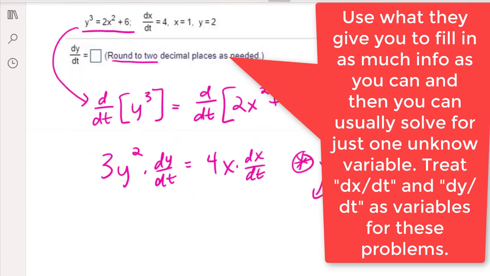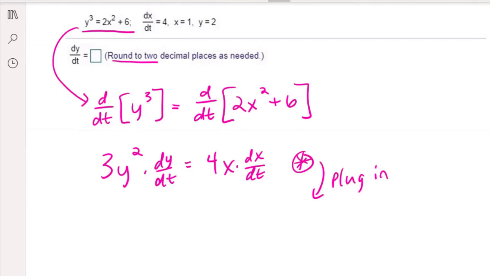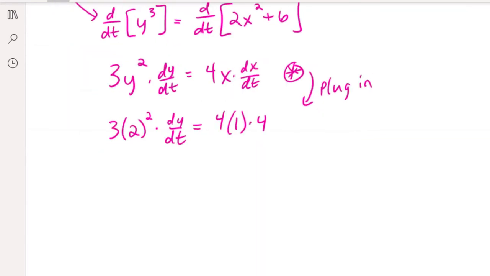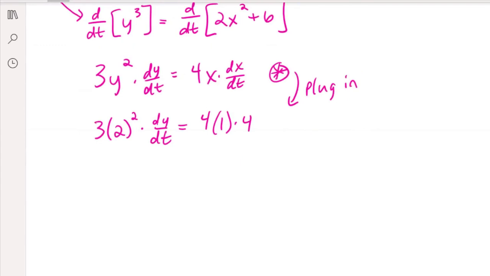So plug in what you know, and you'll have 3 times 2 squared times dy dt, which is what I want to solve for, so I'm just going to leave that there. 4x, with x equal to 1, and then dx dt, the rate of change of x with respect to time, is 4. Okay, I'm going to do some simplification right here, and you'll get 12 times dy dt equals 16.